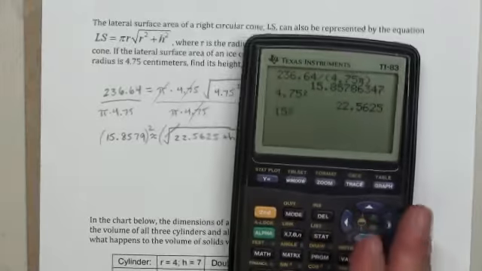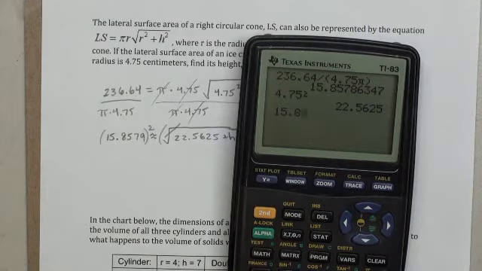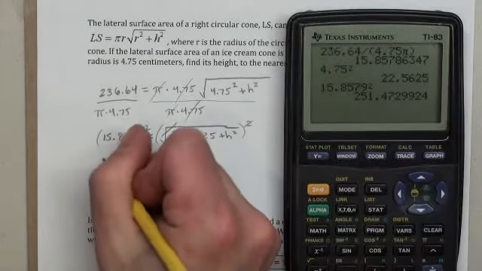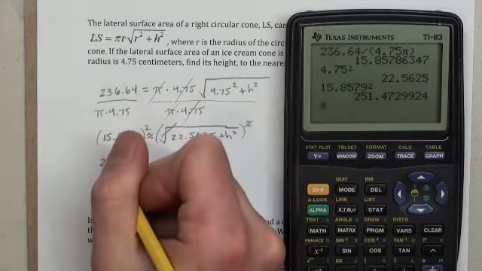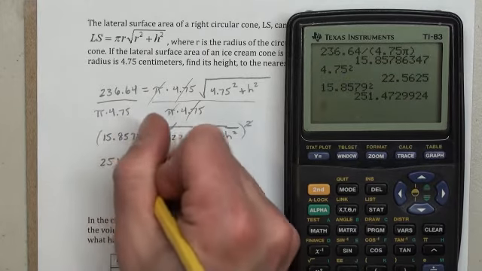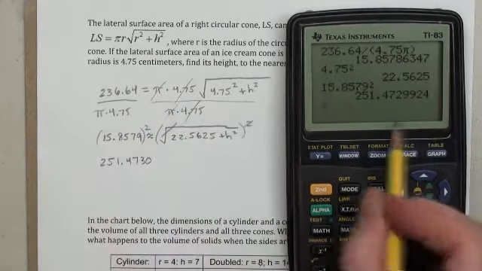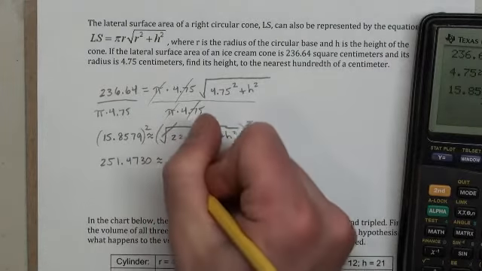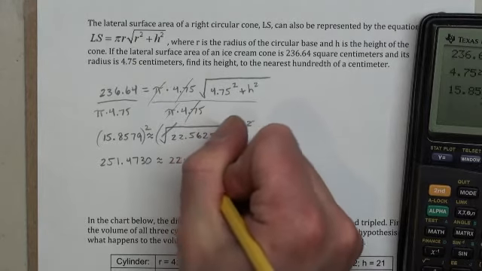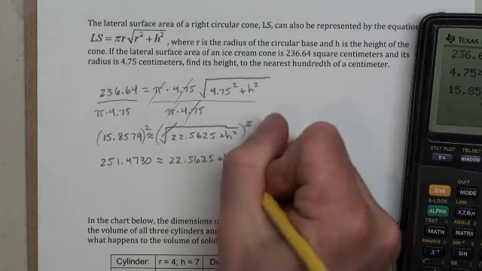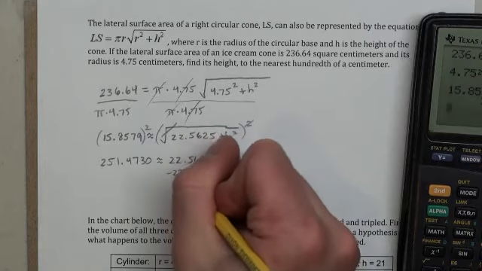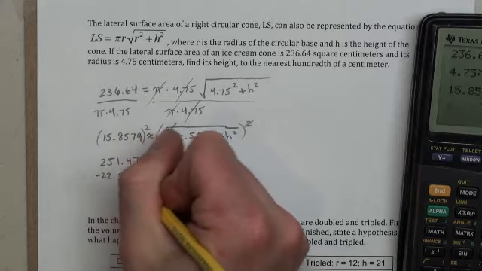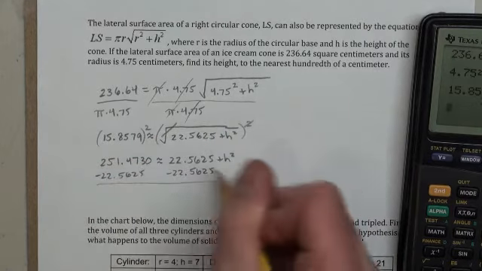So 15.8579 squared is 251.4730, if I round to the 4th place, and that's approximately 22.5625 plus h squared. So subtract 22.5625 from both sides.